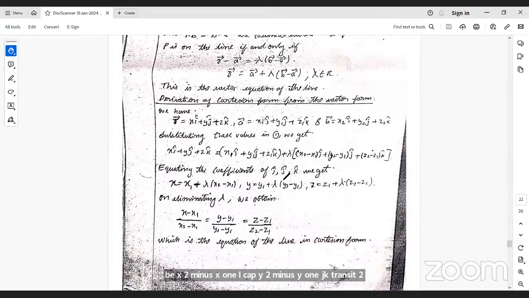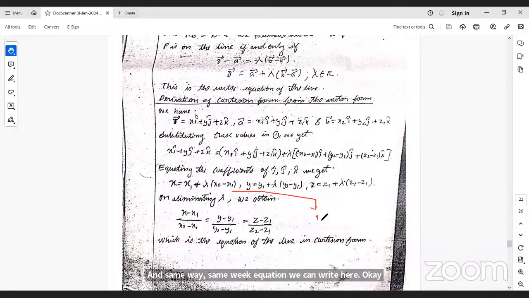Next, equating the coefficients of i, j, k, we get x is equal to x1 plus lambda into (x2 minus x1), y is equal to y1 plus lambda into (y2 minus y1), and z will be equal to z1 plus lambda into (z2 minus z1). And in the same way we can write the equation for lambda.